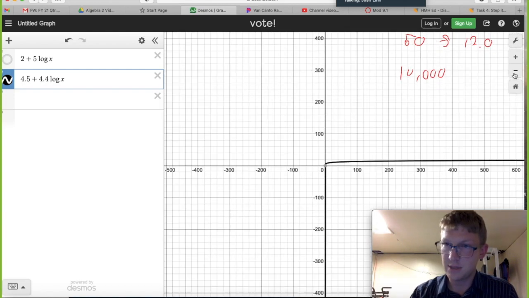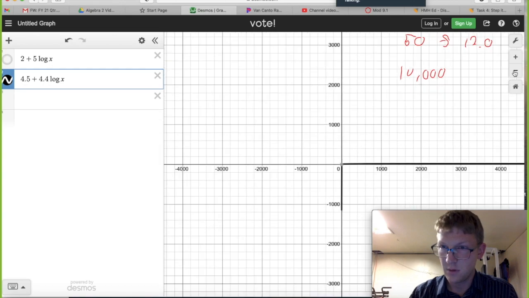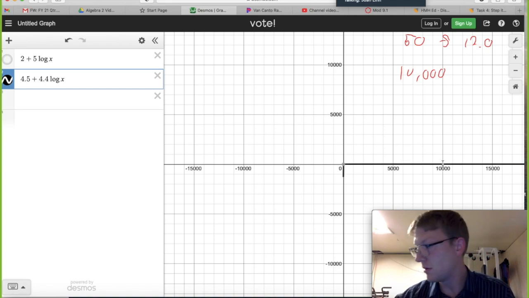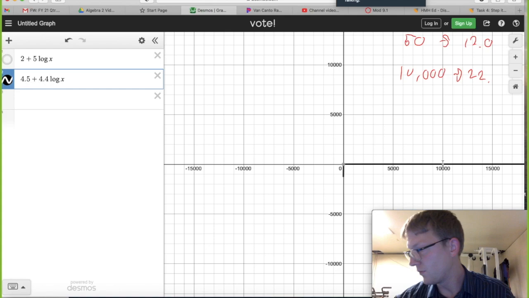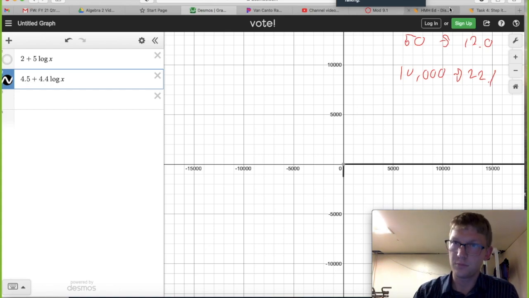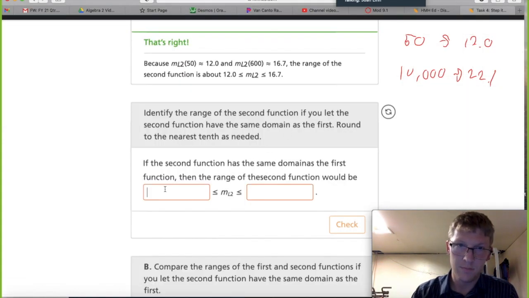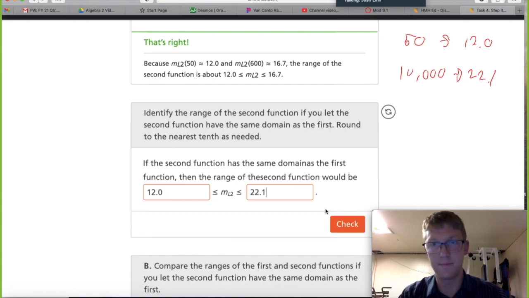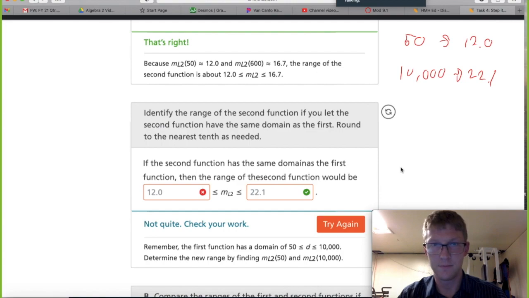And then 10,000, 22.1. So it's going to be 12.0 to 22.1.